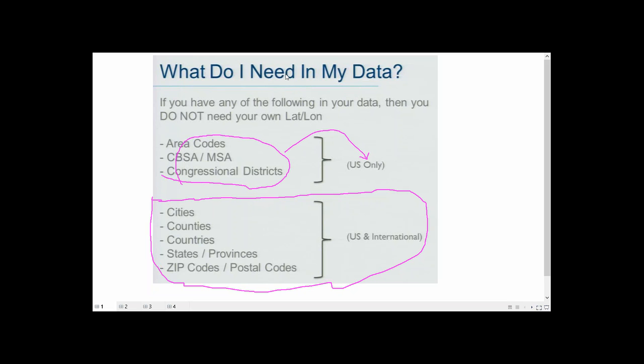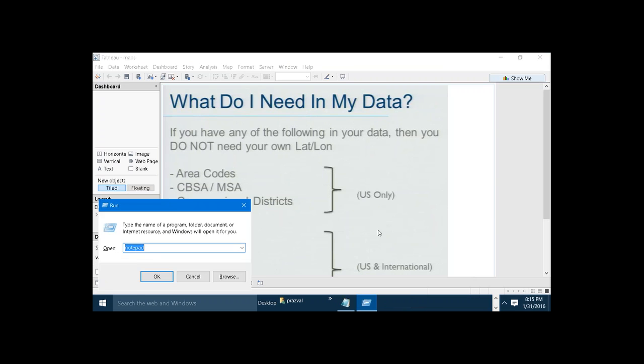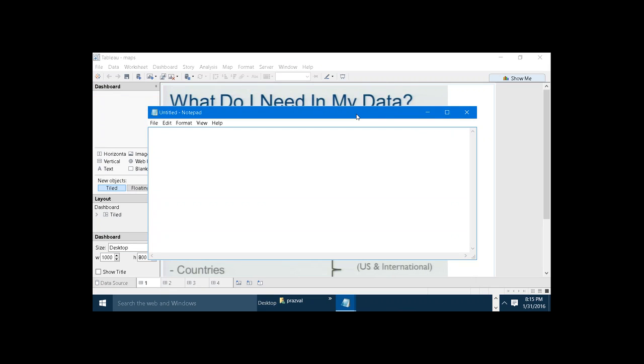I will explain with an example. Let's say, instead of connecting to the Superstore, I will create one text file. In my text file, I will take country, state, city, postcode, address.